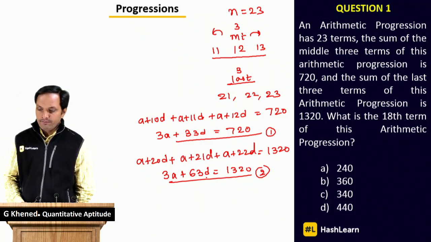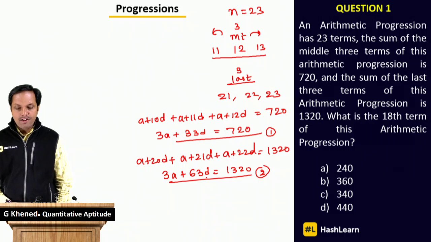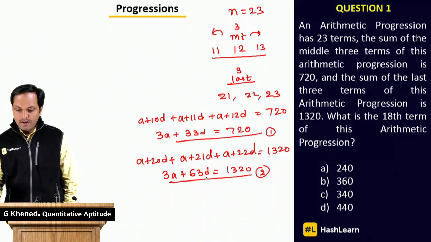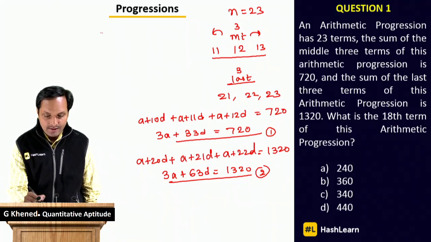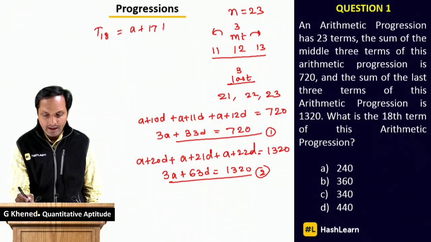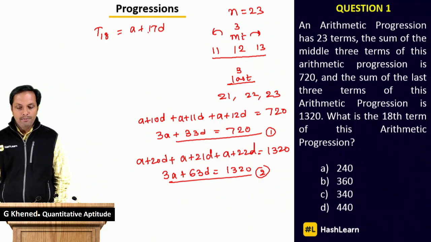If you simplify, if you subtract 1 from 2, the question is, what is the 18th term? You know that T18 is A plus 17D. You need to find A plus 17D.